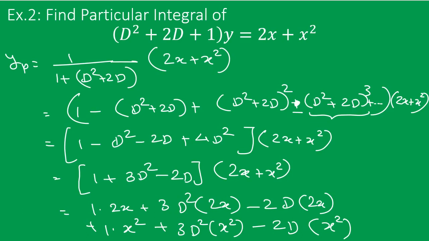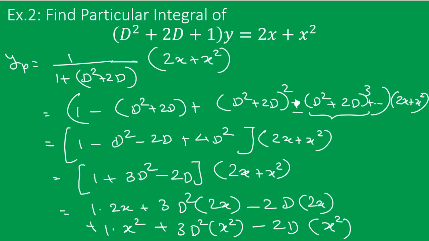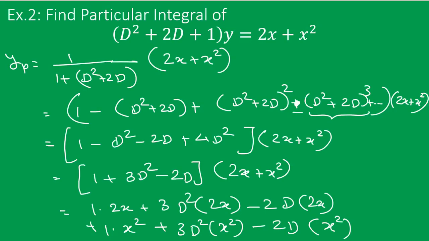So now this is a simple calculation. It is 2x plus 3 times the second derivative of 2x, that will be 0. You can see here, if you apply higher order derivatives on this 2x, we get 0. So plus 0. Next is minus 2 times the derivative of 2x. The derivative of 2x will be 2, that is minus 4.